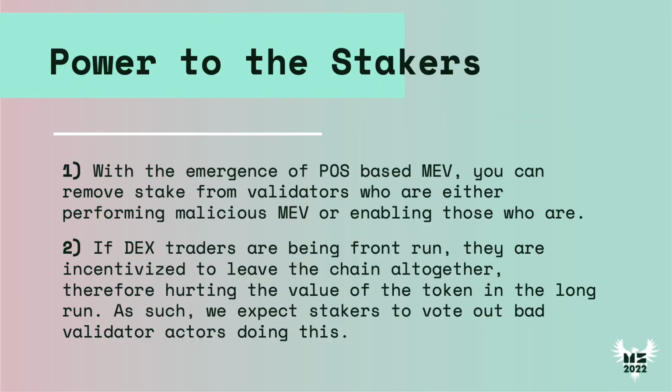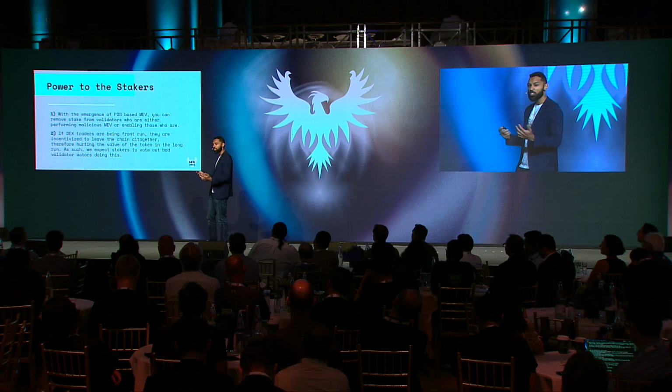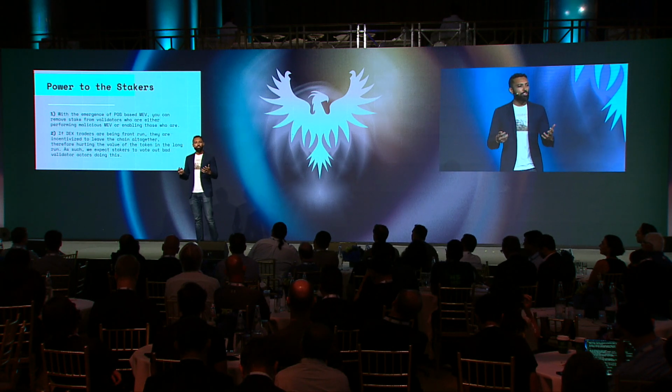So with the emergence of proof-of-stake systems, we actually inherit some of the really powerful security properties of proof-of-stake to this vector of MEV.